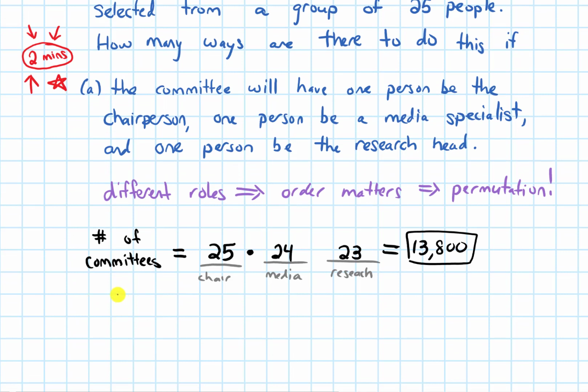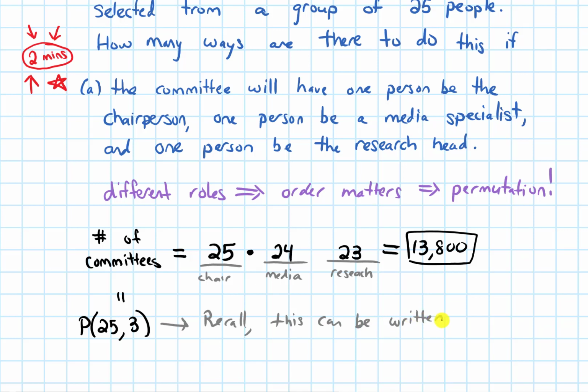So I want to recall a bit of notation. We would write P of 25, comma 3. Remember, this notation means the number of ways from a group of 25 people to permute 3 of them. And let's also recall that this can be written in that factorial form as well.